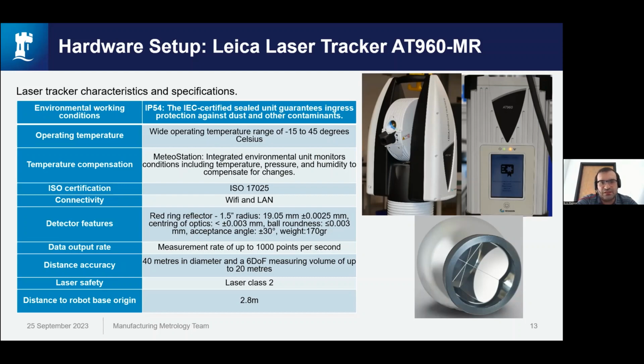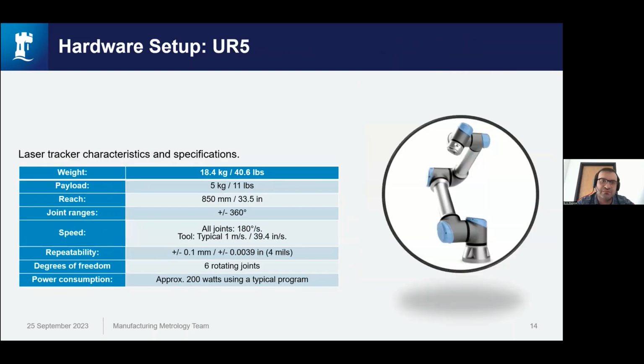It benefits from Wi-Fi and LAN capability, so that's how it communicates with the PC, and we can gather information from it. We operated this laser tracker at 10 Hertz to gather information, and the distance from the robot to the laser tracker was almost 2.8 meters.